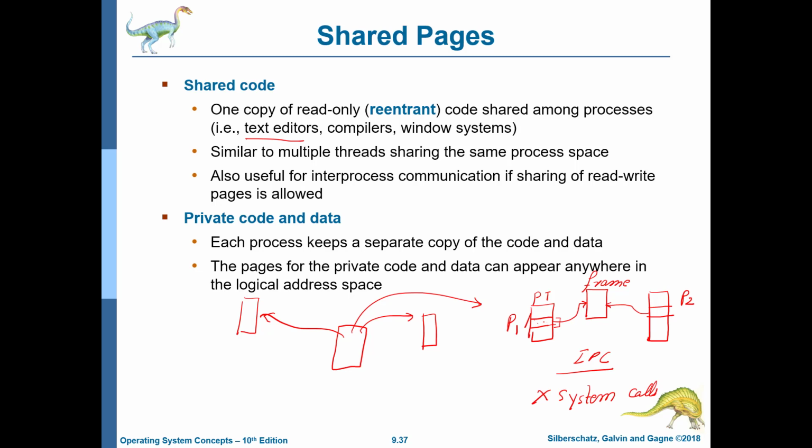The rest of the code and data of each process is kept separate, a separate copy of the code and data. The pages for the private code and data can be anywhere in the address space of P1 and P2. It is only one or a couple of pages which are part of the shared memory segment, explicitly for the purpose of IPC.